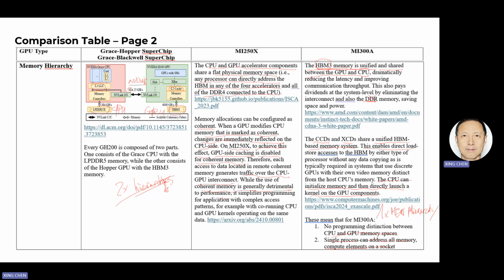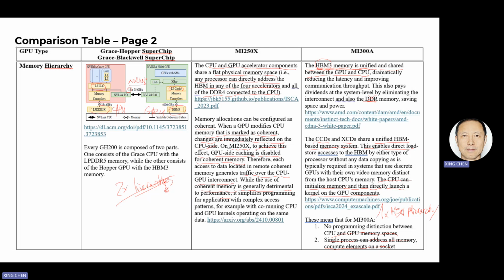Even though the Infinity Fabric link has no cache coherency, it's already unified. So logically speaking, that's really the generation before MI300A.